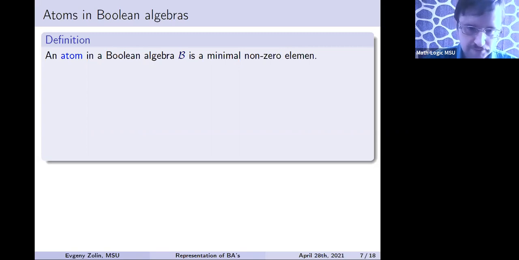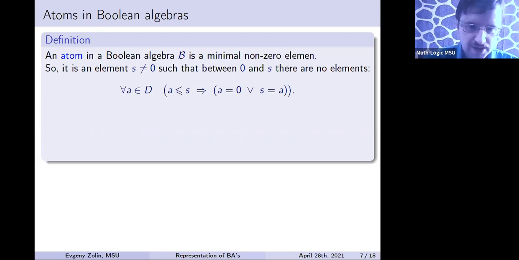An atom in a Boolean algebra is a minimal non-zero element. In other words, an atom is an element S not equal to 0, such that between 0 and this element there are no elements. So for any element A, if it is contained in S, then it is either 0 or S.